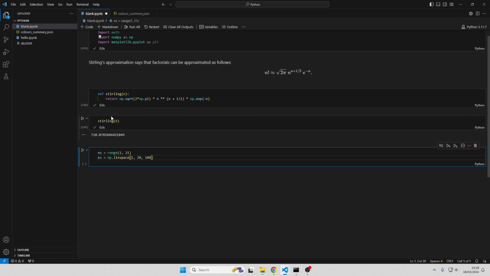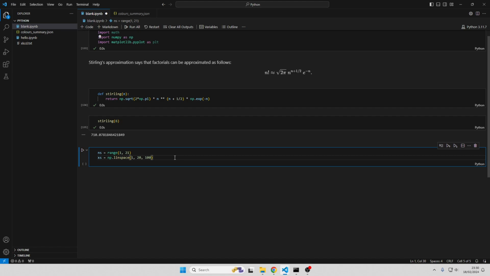This Stirling function, I've written the variable as n, indicating n should be an integer, but in fact, this formula you can evaluate when n is not an integer. So for the purposes of plotting, it's convenient to consider this Stirling function applied to a variable x that goes from 1 up to 20, and takes fractional values in between.